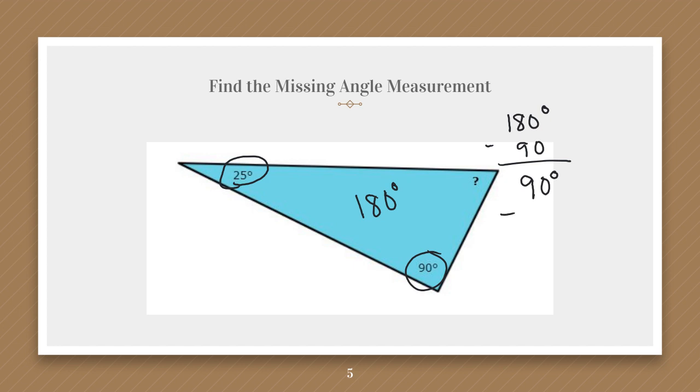So now I found out what these two angle measurements would be. Now I subtract 25 again, and now I have 90 minus 25, and what does that equal? 90 minus 25 equals 65. So my missing angle measurement is 65 degrees. Or you can solve it like the equation. Choose whichever method works best for you and stick with that method.